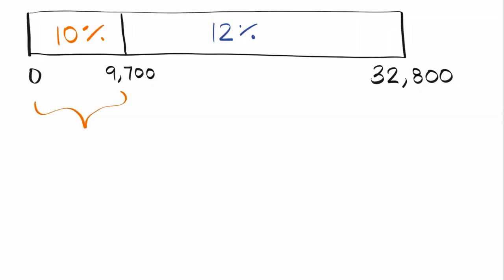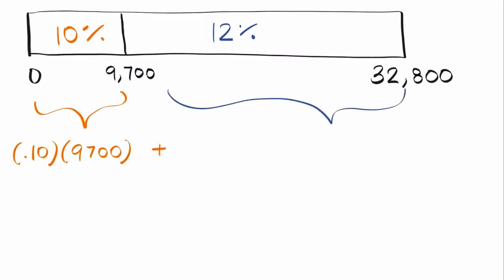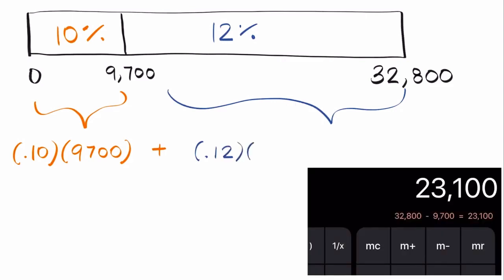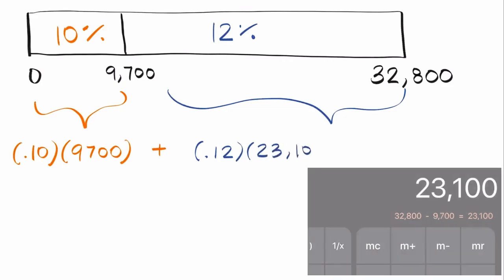Now that I have my visual, I can set up an expression to start calculating. 10% of this first bracket will be 0.10 as a decimal, times the difference here, so 9,700 minus 0 is just 9,700. Then for the next bracket, 12% as a decimal is 0.12, times the difference here, so 32,800 minus 9,700 is $23,100.